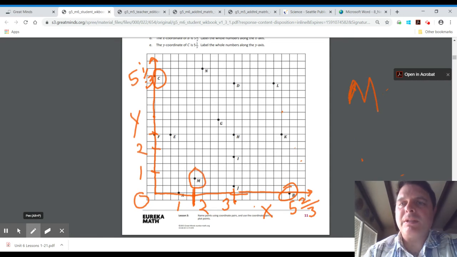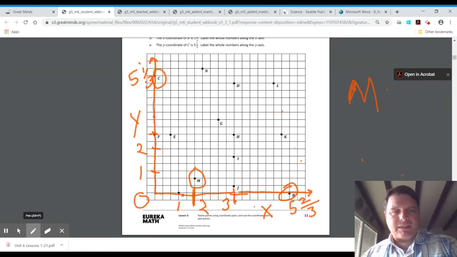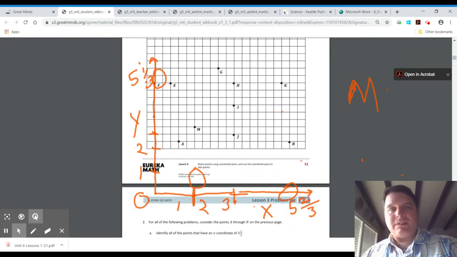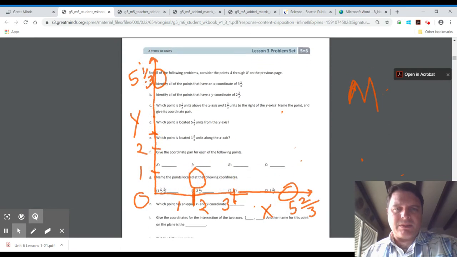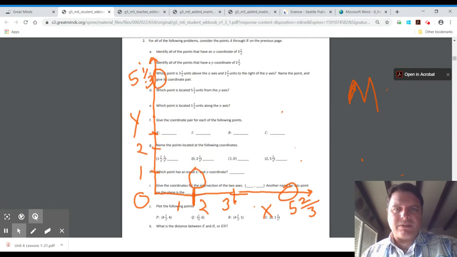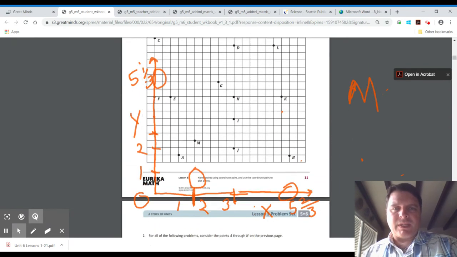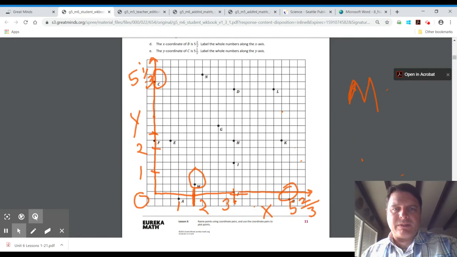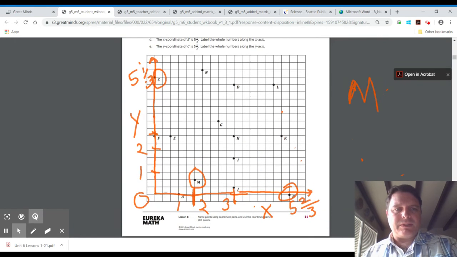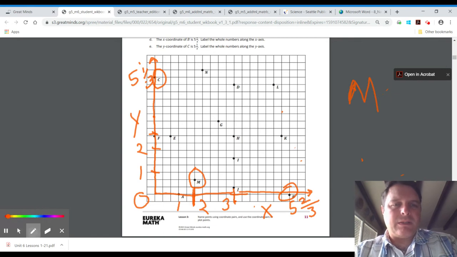All right, and the second one, let's go back down and see. The second one is 0 and 2 2/3. So 0 would be all the way over here.